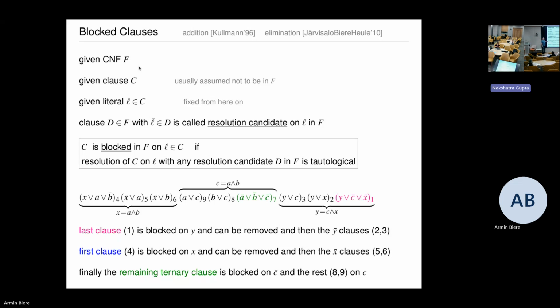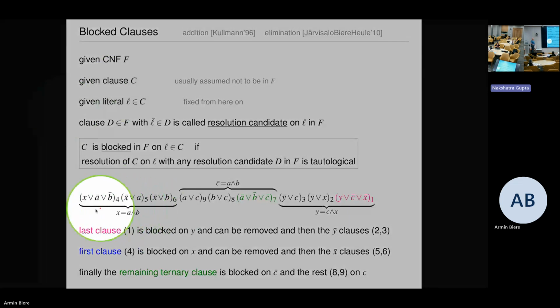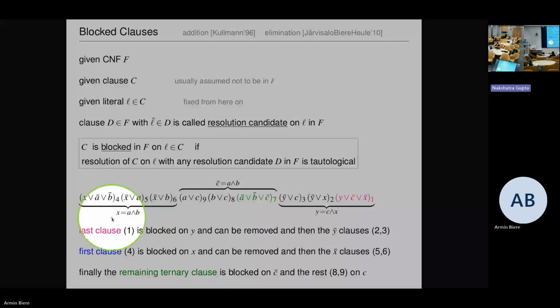All right, so how does it work? What you see here are three AND gates encoded into CNF. I hope most of you have seen SAT encodings. So here's X is equal to A and B. You see this clause 5 here is doing X implies A. This one says X implies B. And this one says if A and B are true, then X has to be true.